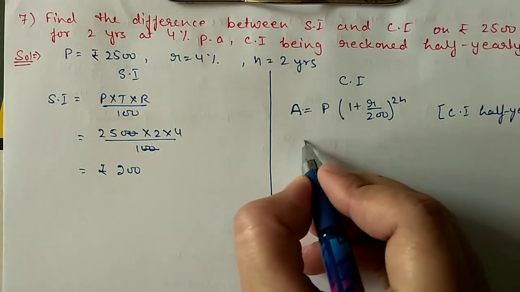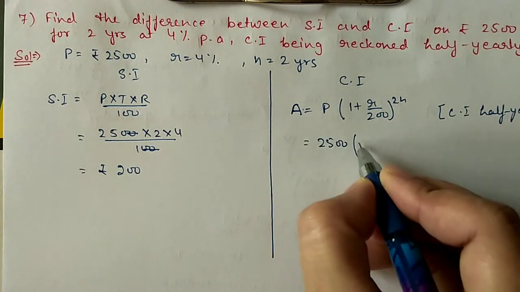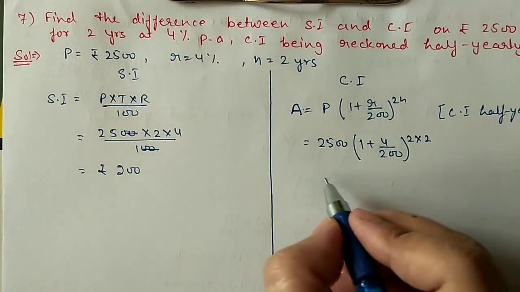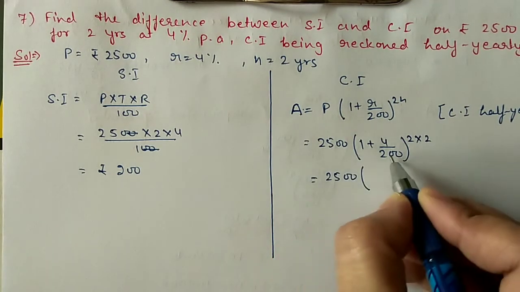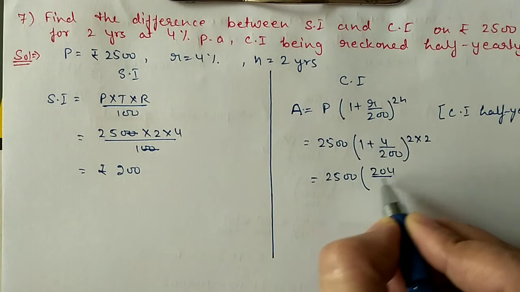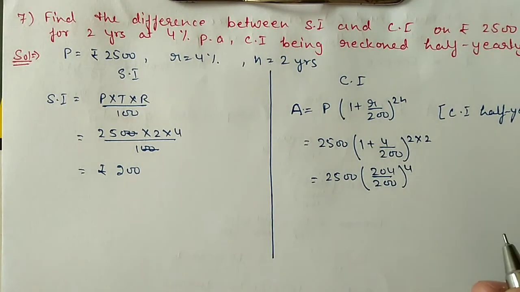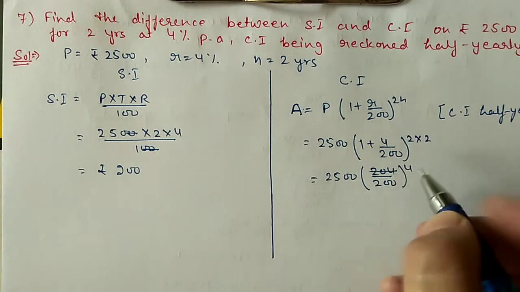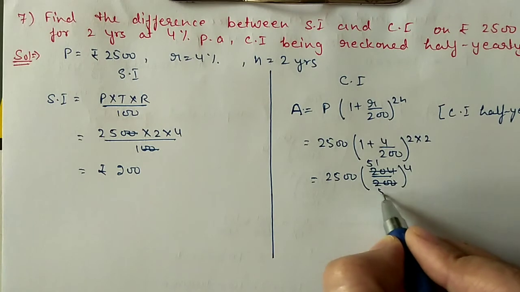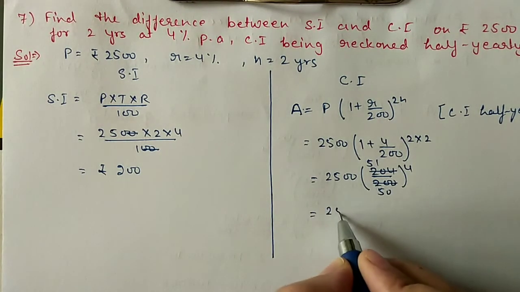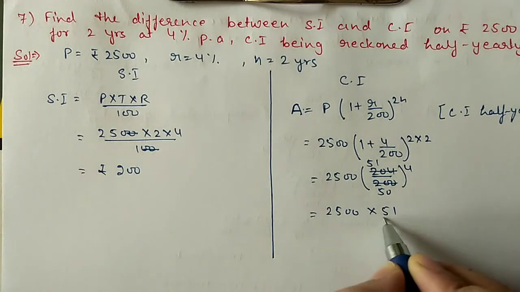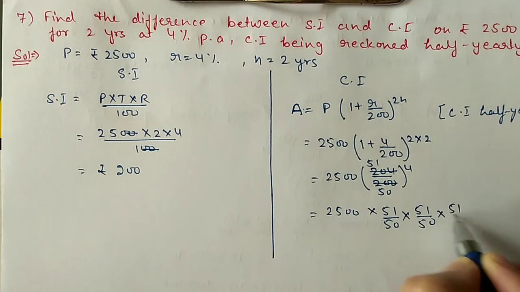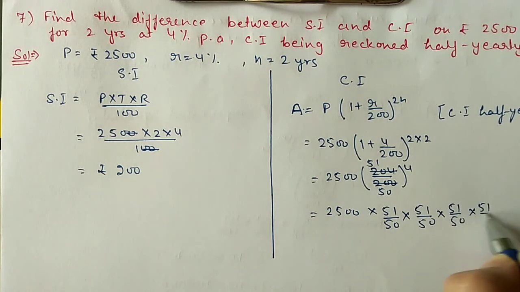Now we will calculate amount. 2500, 1 plus 4 by 200 whole to the power 2 into 2. 200 plus 4 will become 204 by 200 whole to the power 4. We can cancel out here with 5 table, or with 4 table we can cancel out, 4 51 times and 4 50 times. Now we can expand it, 51 by 50 into 51 by 50 into 51 by 50, 4 times we have to write it.